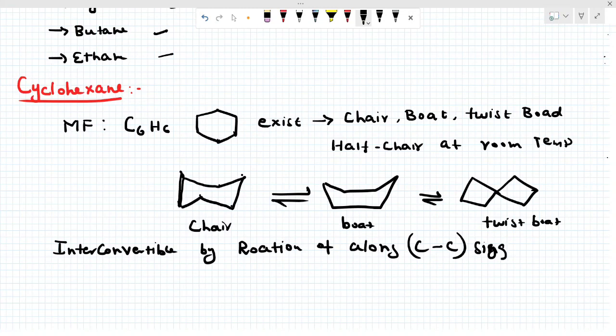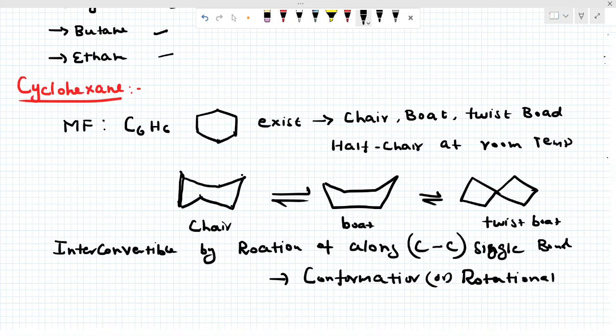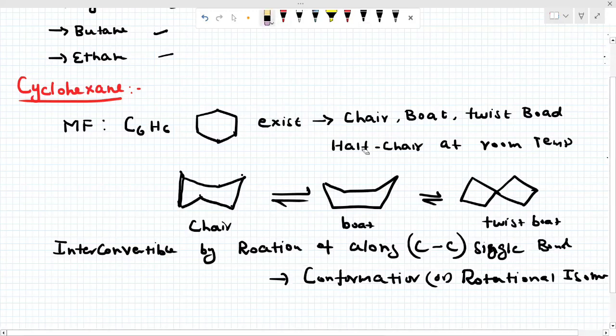Please note, these are called conformational analysis, or conformers, or rotational isomers. Whenever carbon single bond rotation takes place, that is called conformational isomerism.